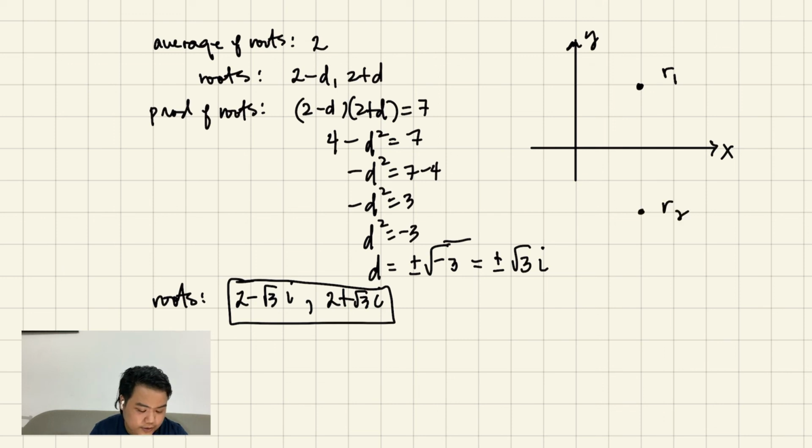Magiging ganun lang yun. Tapos yung average nila, ito. Ito si R1 plus R2 divided by 2. Tapos ito na iniisip mong D. Parang ayan, mag-a-adjust ka vertically. Yun yung silbi ng i. Ibig sabihin pa vertical yung adjustment ng square root of 3.